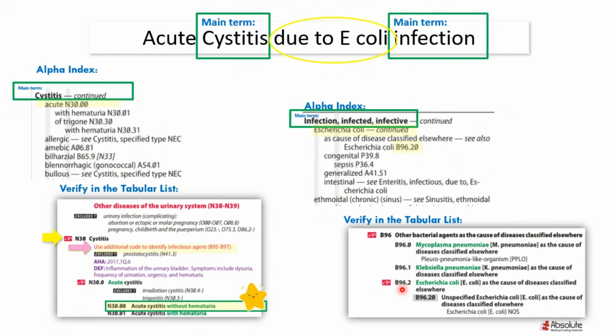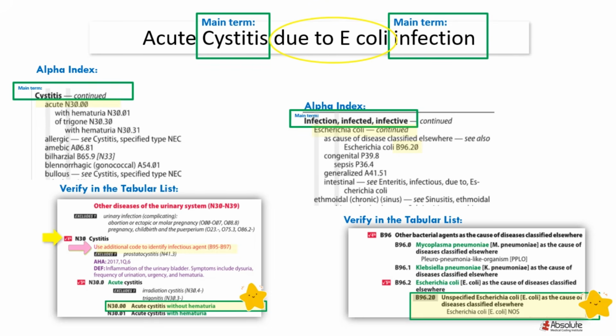We know we can't code it because it has a red box, so we're going one more. B96.20, there's no red box, we can code it. Unspecified Escherichia coli, E. coli as the cause of diseases classified elsewhere, Escherichia coli, NOS. This is indeed our code.